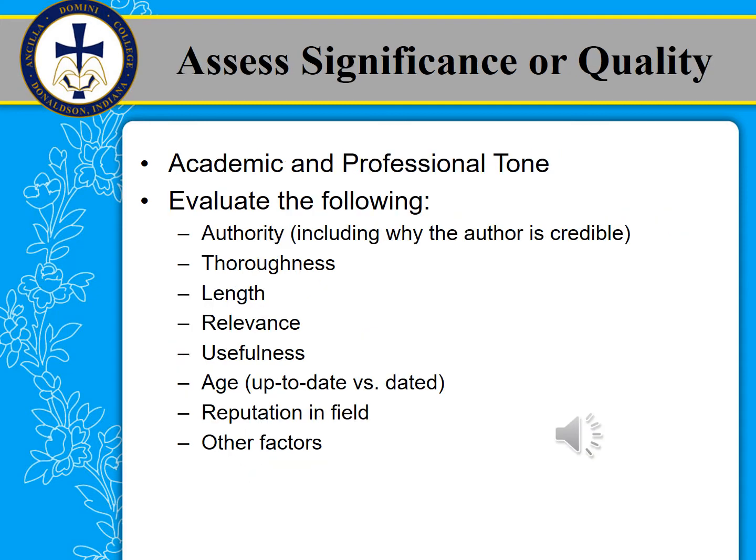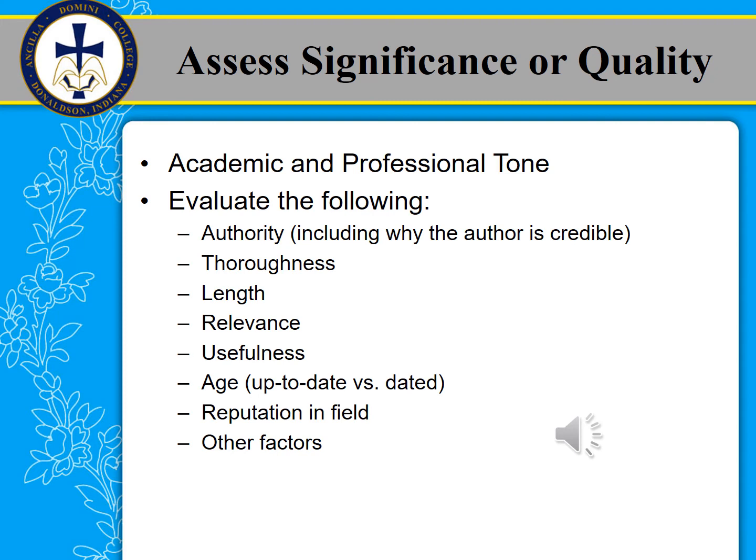Now we're going to get into elements of the annotated bibliography that some students watching this presentation might not have done yet. You want to assess the significance or quality of your source. And while you do this, you're going to use an academic or professional tone. As our book says, you're not writing a movie review here and doing so in an informal way. You want to maintain the tone of a scholar as much as possible.